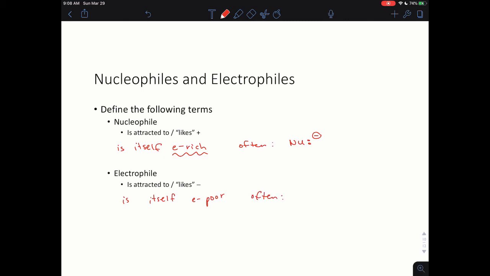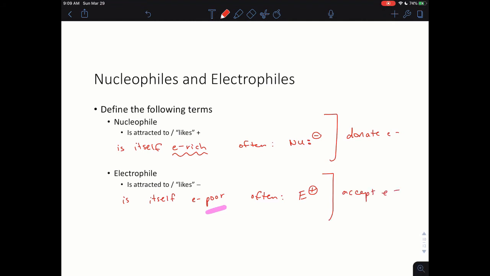So often, electrophiles are represented E+. Okay? So it's a little confusing, but you can do it. Electrophiles, they like electrons because they themselves are electron poor. So they need electrons, whereas nucleophiles are electron rich. So they often donate electrons, are attracted to positive charges. So nucleophiles, they'll donate electrons. Electrophiles, they will accept electrons.